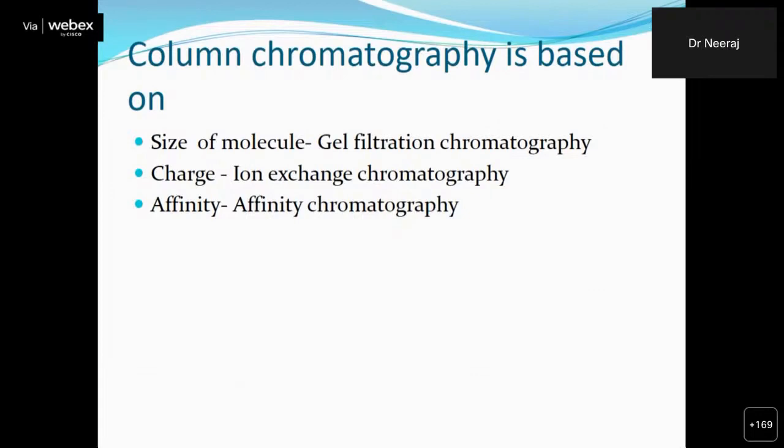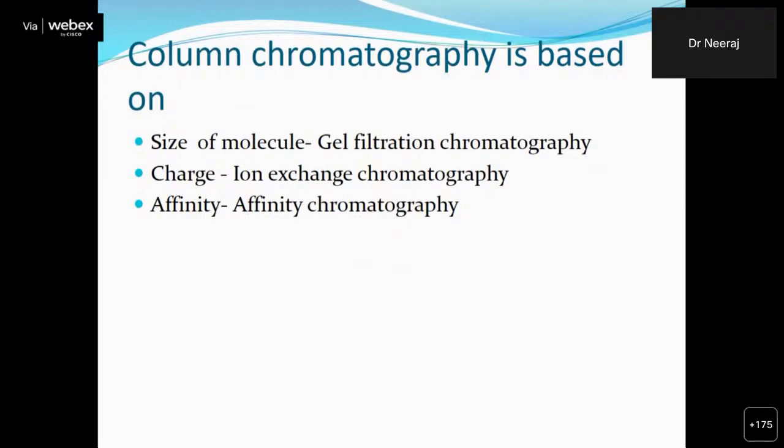Size or molecular weight are the same in biochemistry. Different sizes or molecular weights of compounds are present in the mixture, and we have to separate them out. For the size of the molecule, we generally use gel filtration chromatography.